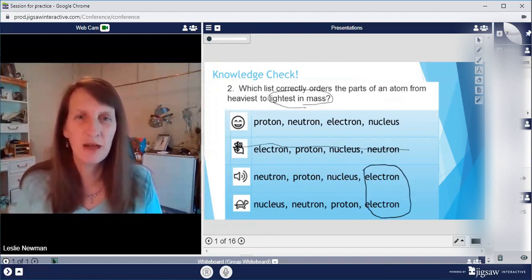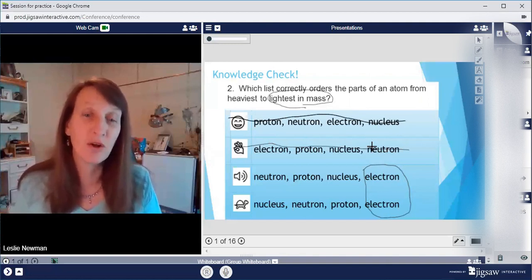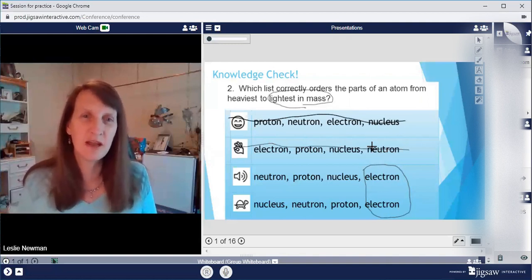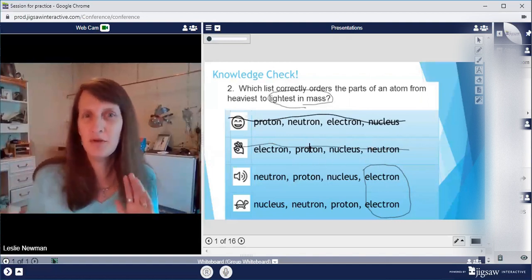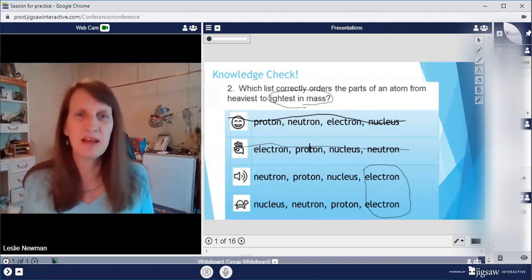So I'm going to get rid of OK and get rid of happy face because they did not have the electron listed as the lightest particle. But an electron's mass, we learned yesterday, is almost 0. And the neutron and the proton mass, they're the same. They're about 1 AMU, 1 atomic mass unit.